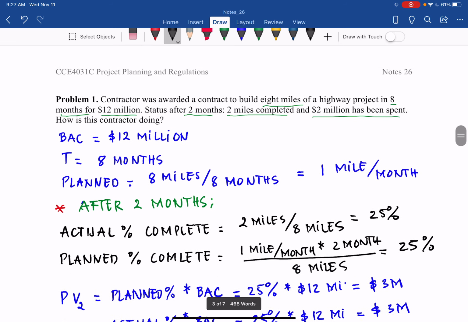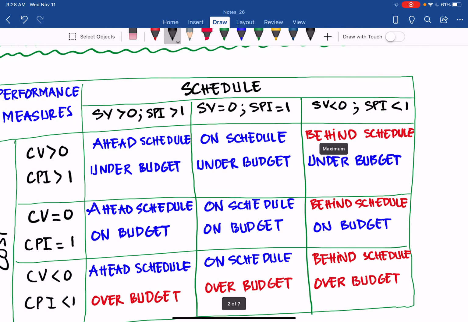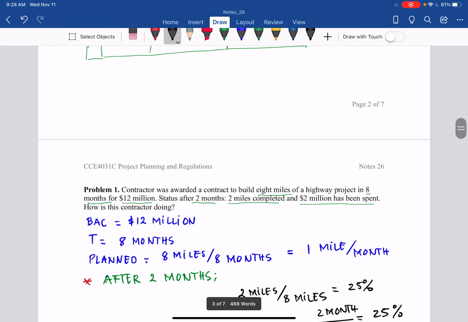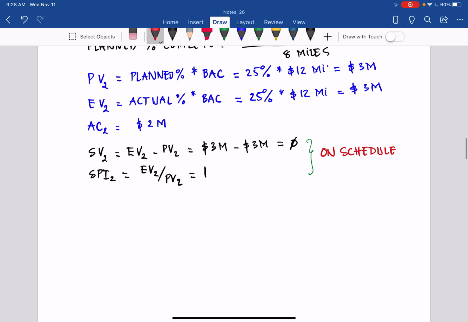Going back to the interpretation of performance indices, SV equal to 0 and SPI equal to 1 means that the project is on schedule. What you earn equals what you planned to get, so it's on schedule.